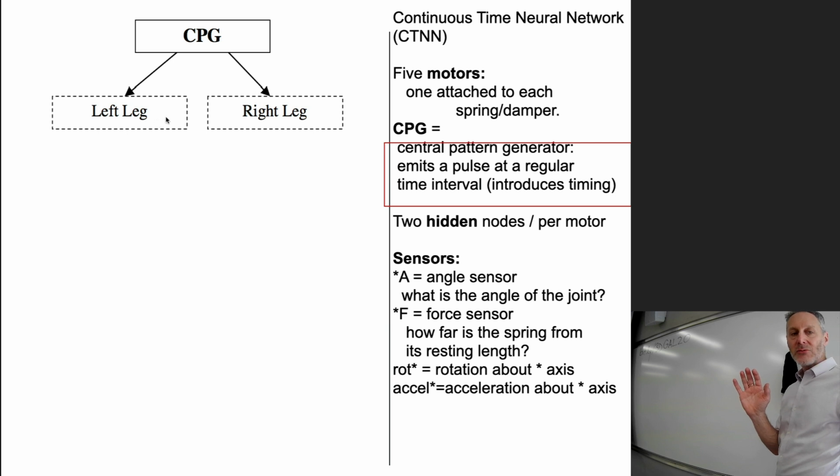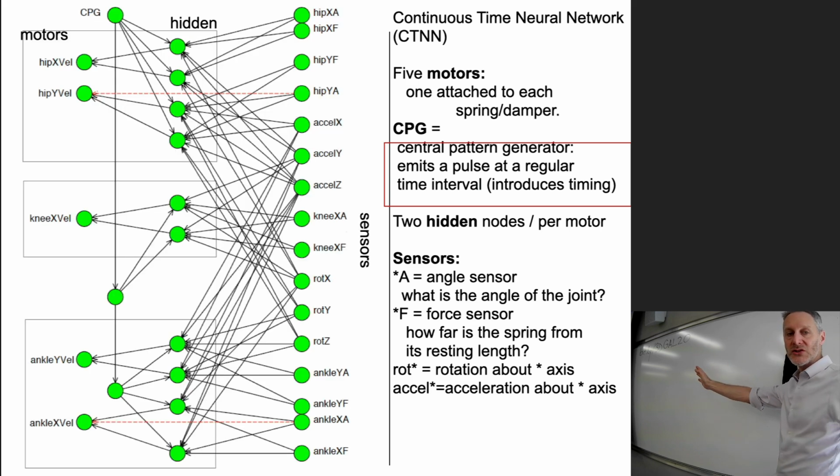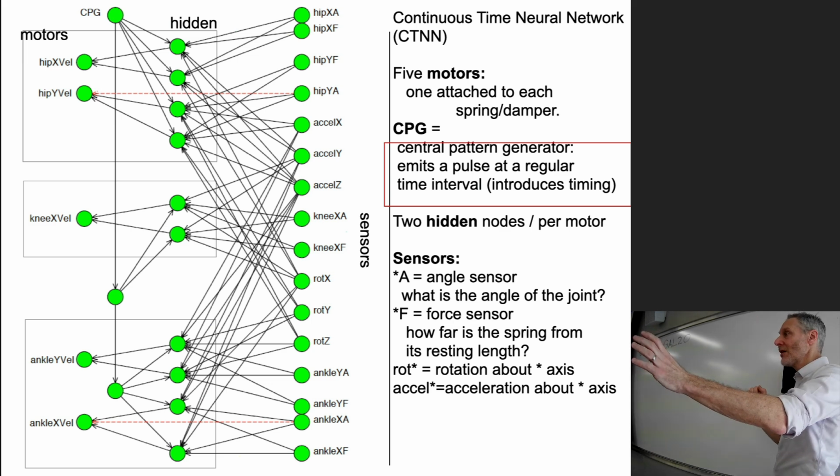These dashed rectangles here are meant to represent these 2 identical neural circuits. And then there's one and only one central pattern generator, which, as I mentioned, is operating as a metronome. It sends out a value of 1, and then it goes quiet to a value of 0 for a while, outputs a 1, a 0, and so on. What it's actually doing is sending 1, 0, 0, 0 to the neural circuit in one leg and 0, 0, 1, 0 to the other leg.